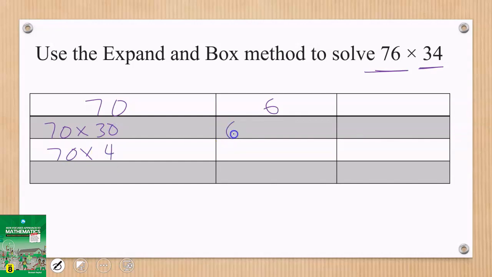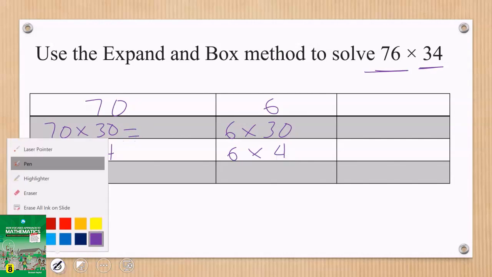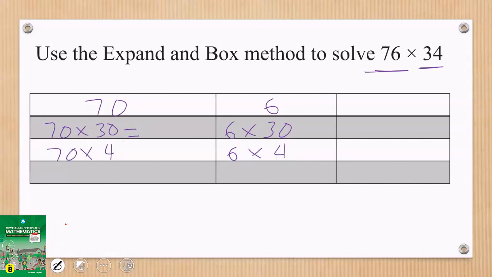Then 6 times 30, then 6 times 4. Then here we are going to have 3 times 7 is 21, so we attach our 2 zeros. 4 times 7 is 28, and then we attach 1 zero.